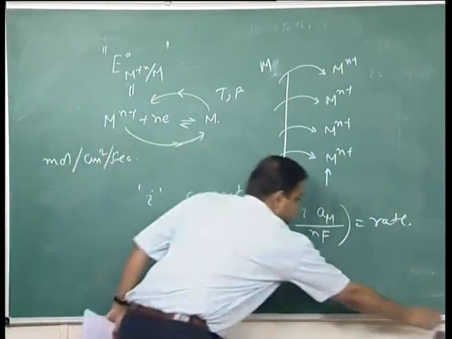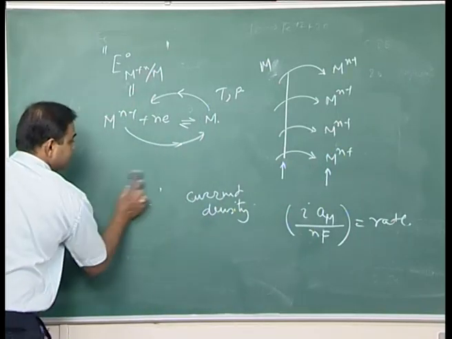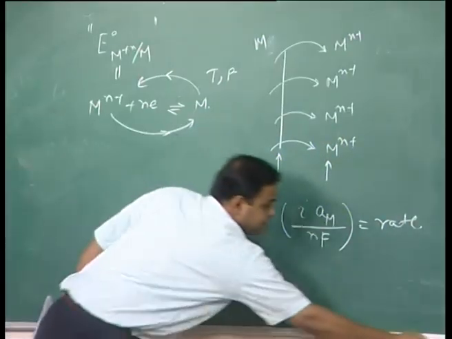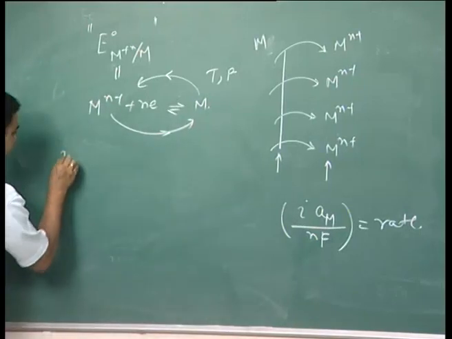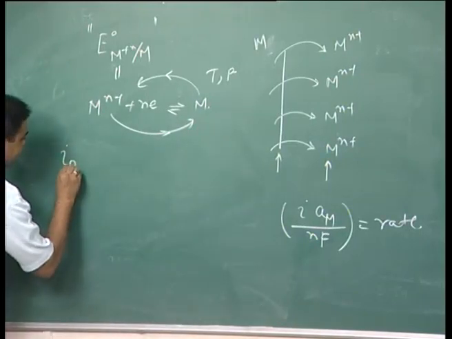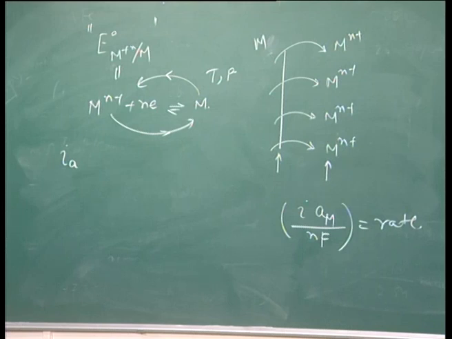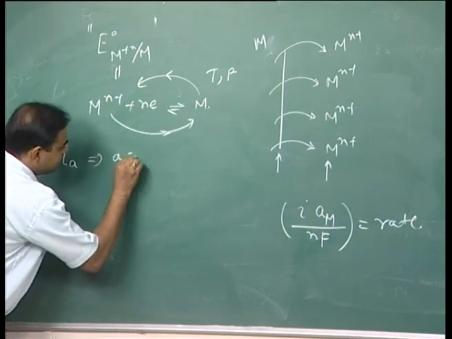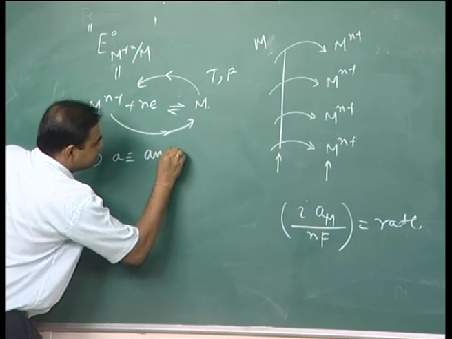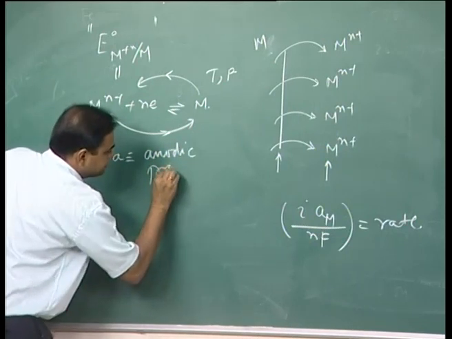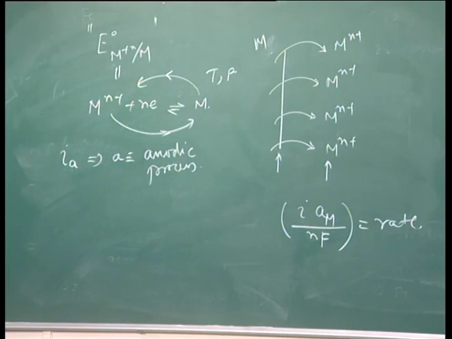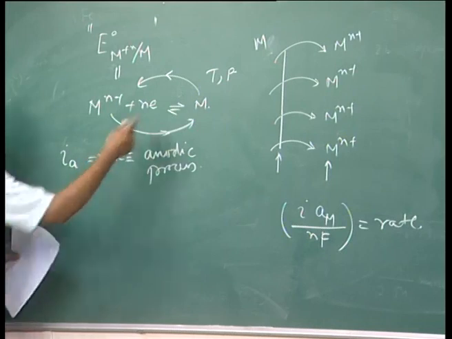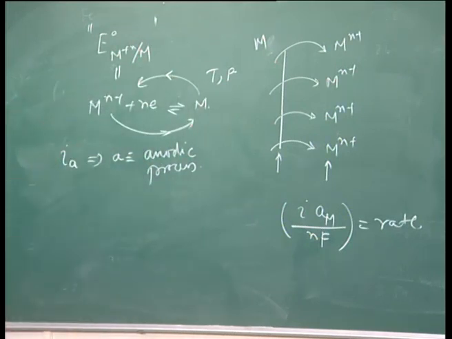So, I can write in terms of current density, let us say I subscript a, small a, for anodic reaction. Anodic process means where oxidation occurs, and oxidation means metal is forming metal ion.